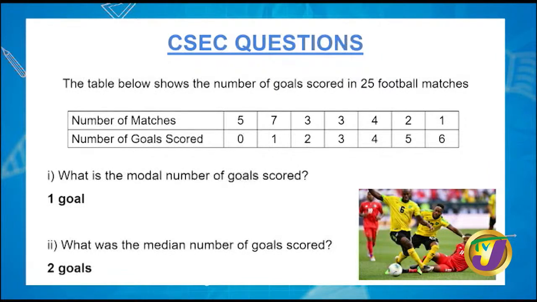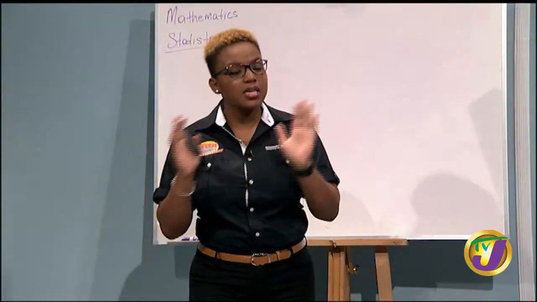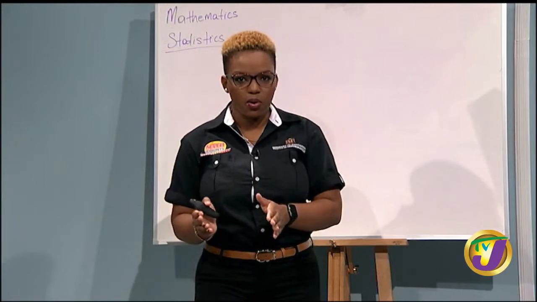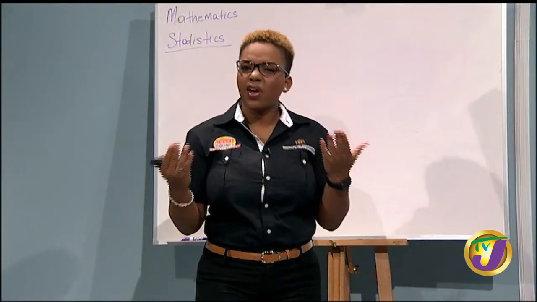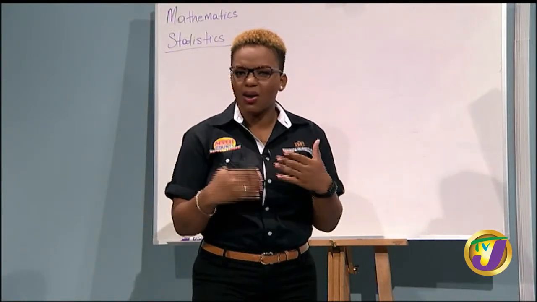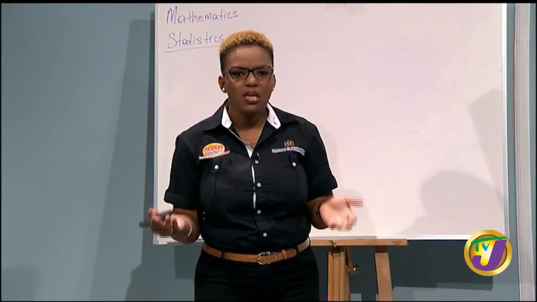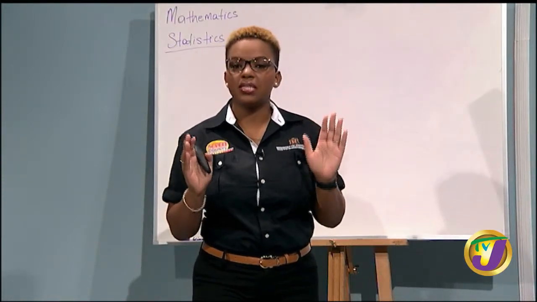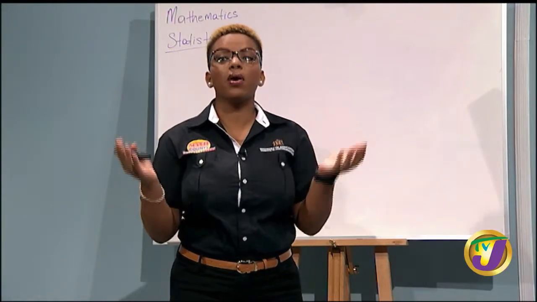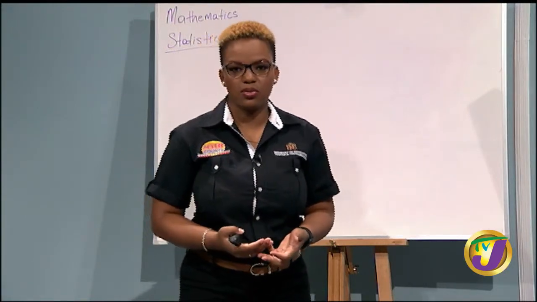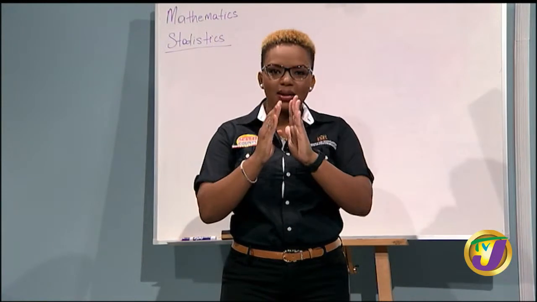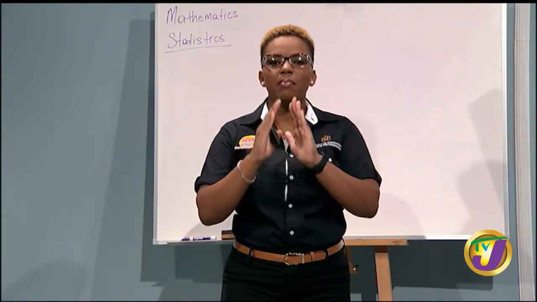So just to repeat if you're feeling a little bit confused. You can find the median by writing out the values in ascending or descending order. But that's if you have a small number of values. You don't want to take all the time writing out all the values. So if you already have a frequency table and your data is already organized, you're going to find the middle position for your median.